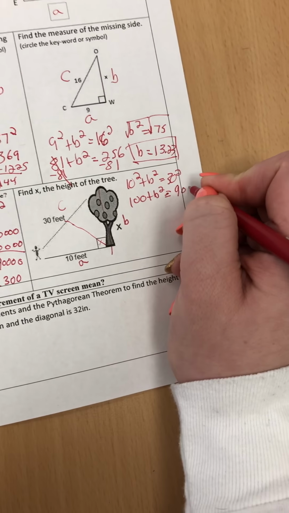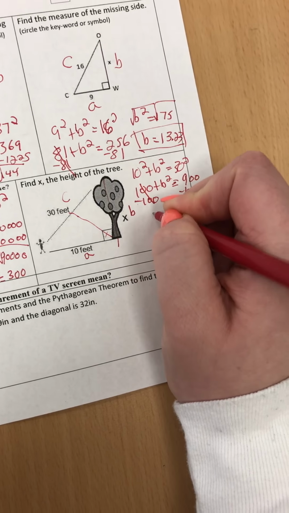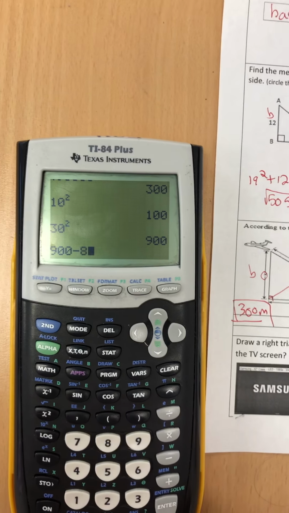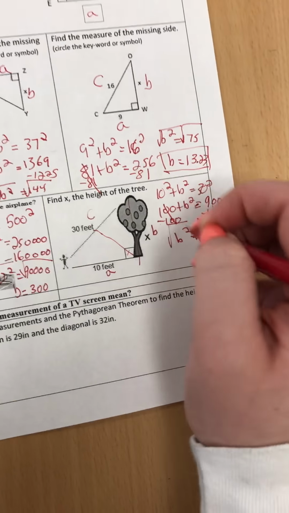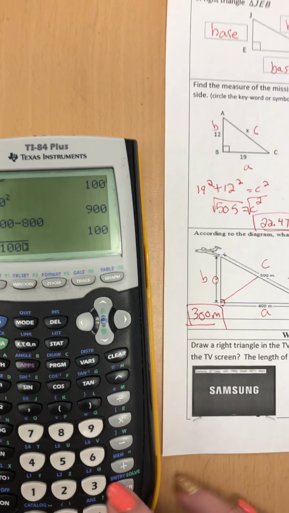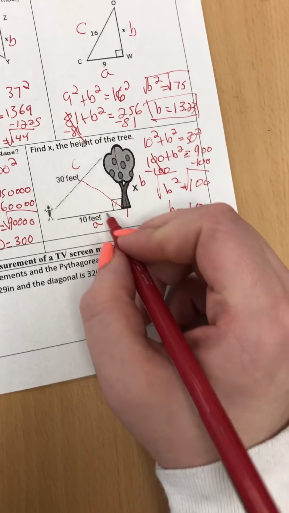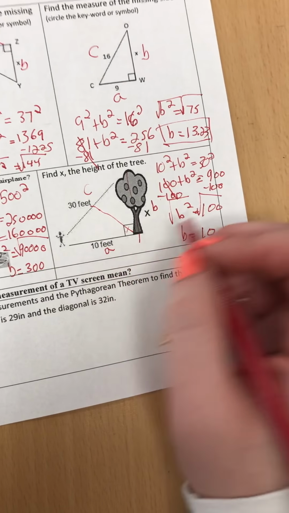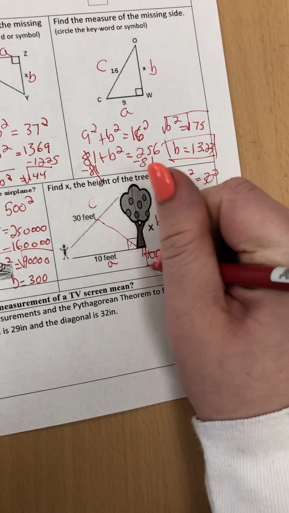Okay, and then just like before, I'm going to subtract the number on both sides. And then again, we're going to square root both sides. 10. Okay, so that means the height of the tree is 10, and then our measurement was feet, so 10 feet is my answer here.